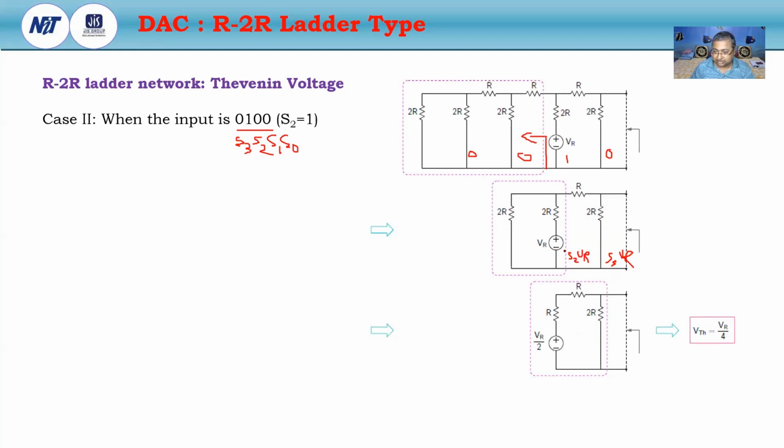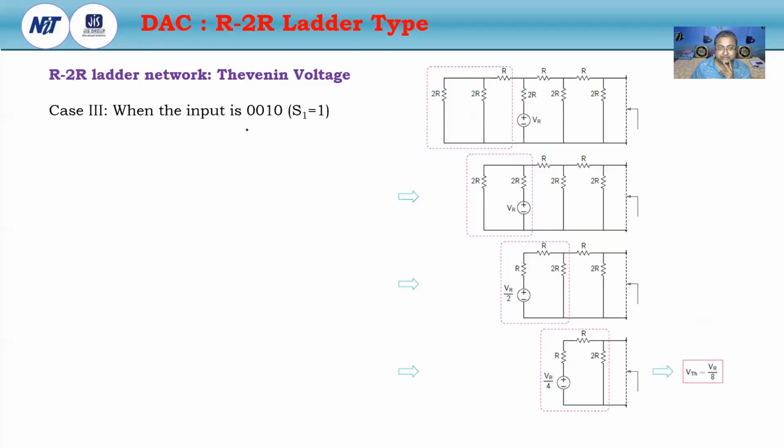What is the Thevenin voltage? The Thevenin voltage is VR by 2. So the VR by 2 is applied for 0, 0, 1, 0. That is S3, that is S2, that is S1, and that is S0.